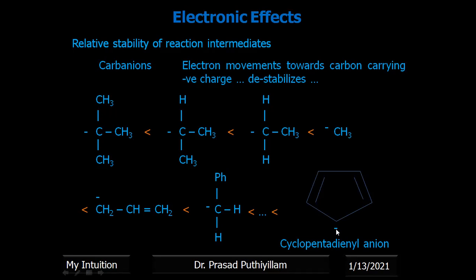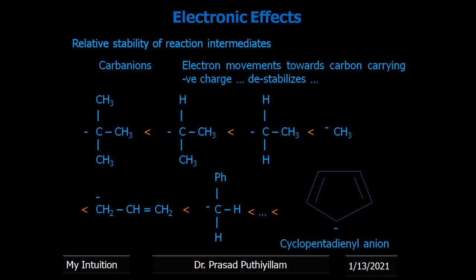Here also the resonance stabilization is strong. The electron can form a double bond, so the next double bond shifts towards the carbon, and this continues, with the next double bond breaking towards the corner carbon atom. Therefore, the cyclopentadienyl anion is also stable.